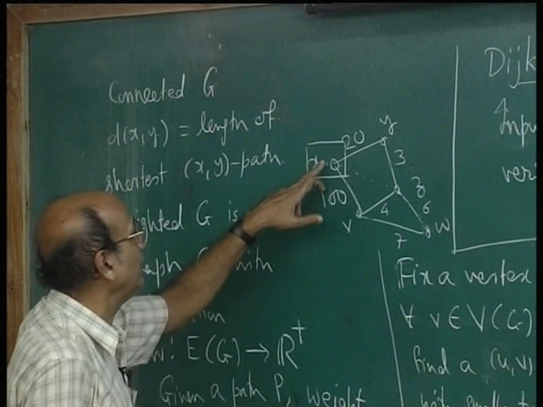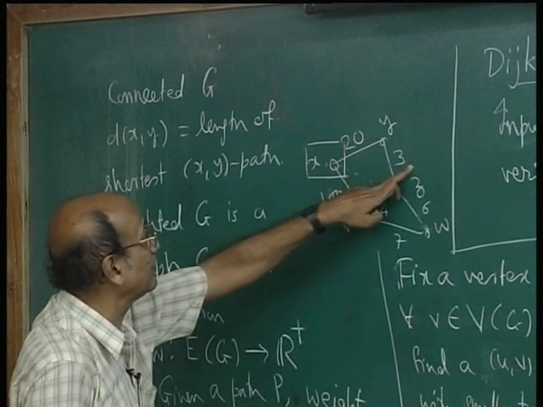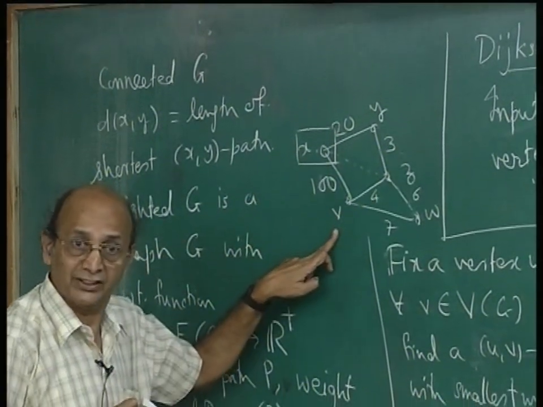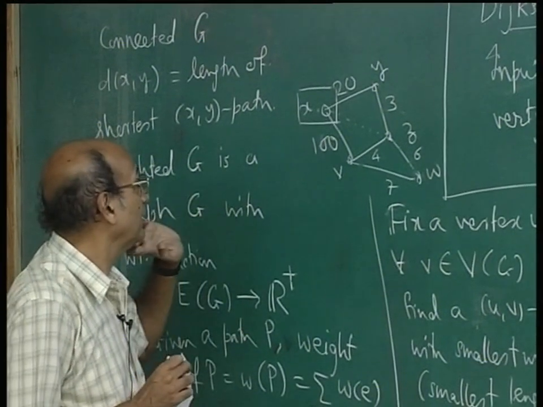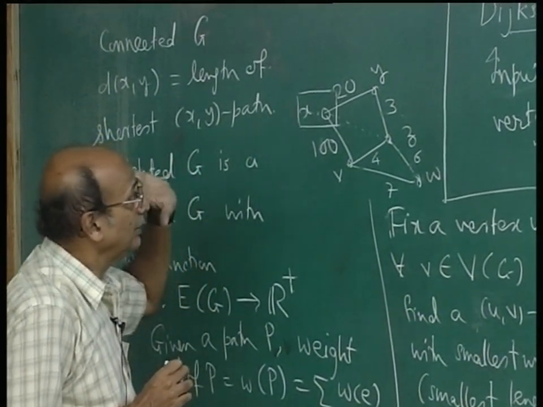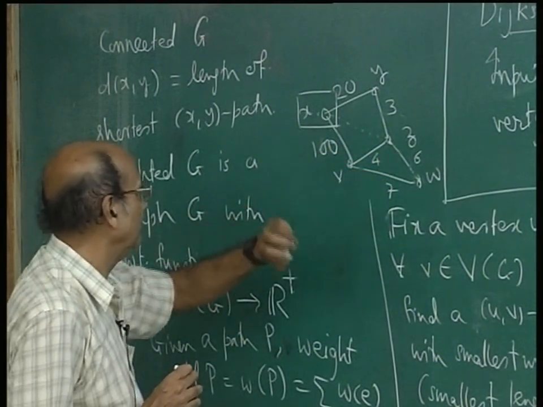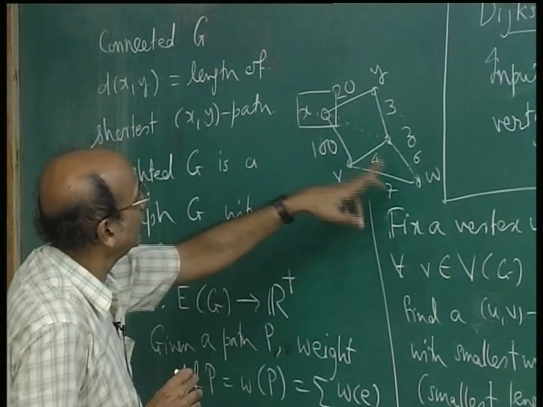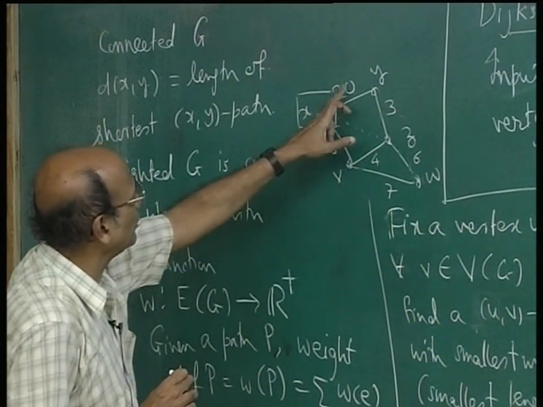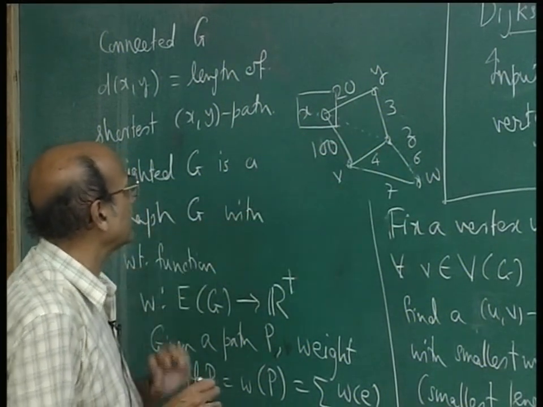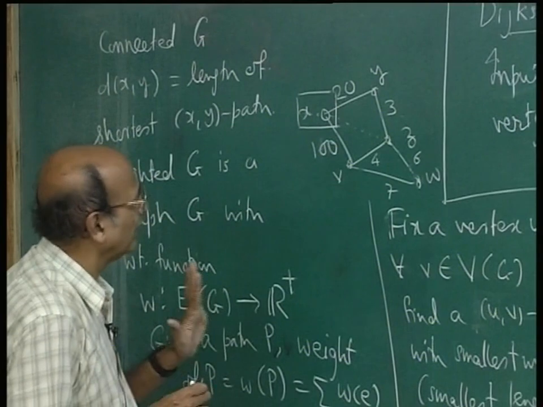Weighted distance between x to v is 20 plus 3 plus 4 equal to 27. Is that clear? And not equal to 100. Distance between x to z is 23. Distance between x to w similarly is 20 plus 3 plus 6, and that's equal to 29, etc.